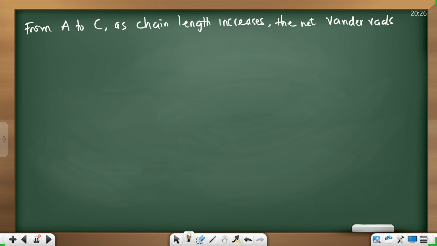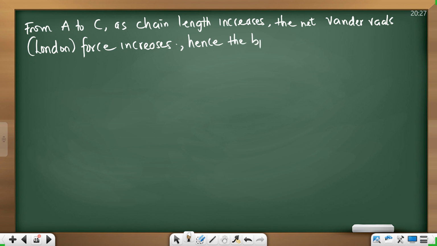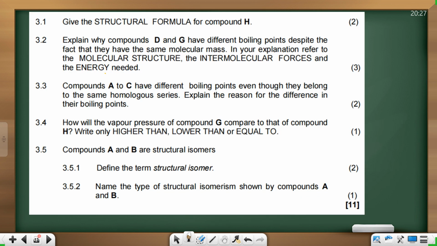Either van der Waals, or dispersion, or London force increases. Say London in bracket. So as the chain length increases, the net intermolecular force increases. Hence, the boiling point also increases. These answers are completely predictable.